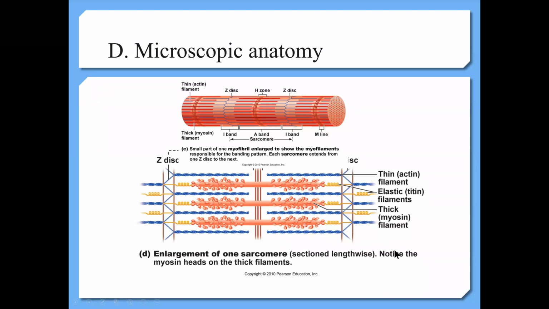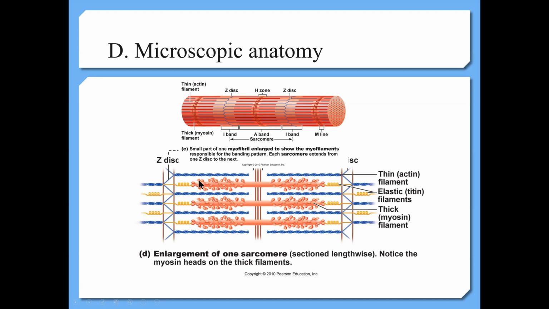This is what it looks like in much more detail. This is a Z disc to a Z disc. This is your thin filament; the blue one is your thin filament, called actin. This red one is your thick filament, called myosin. Notice myosin has heads.